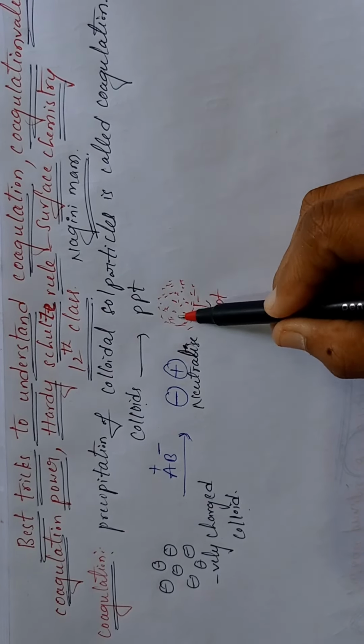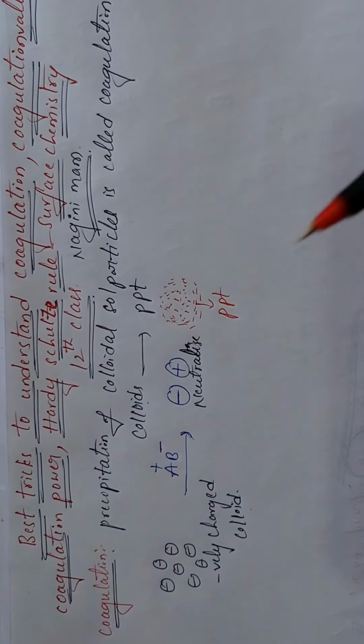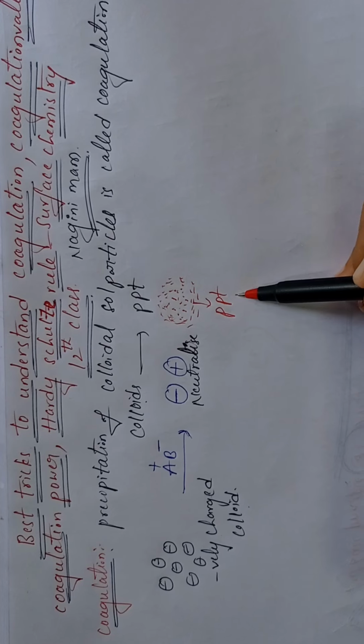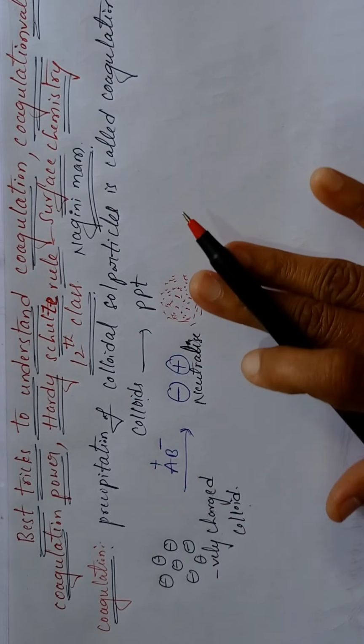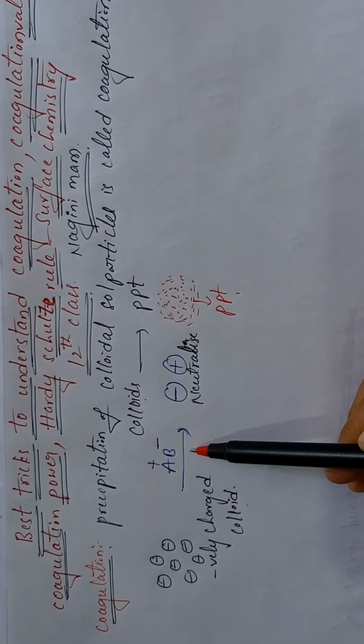All molecules come closer to each other because they don't have any charge. That's why the precipitate is formed. So the colloid is converted into precipitate by the addition of electrolyte. Are you clear?